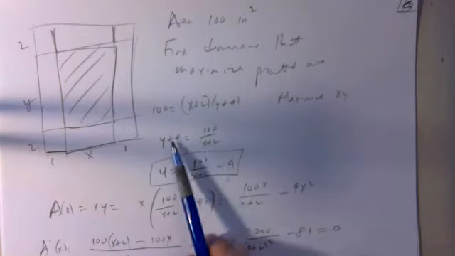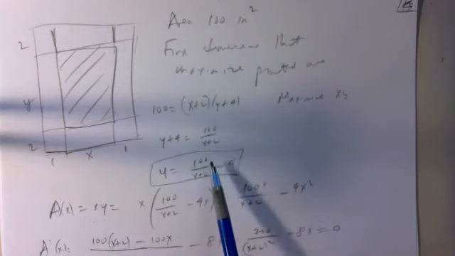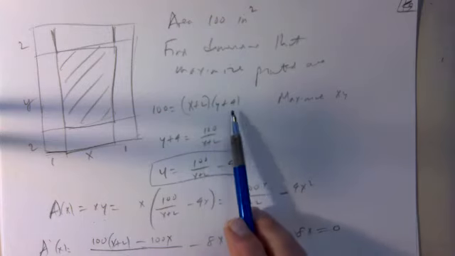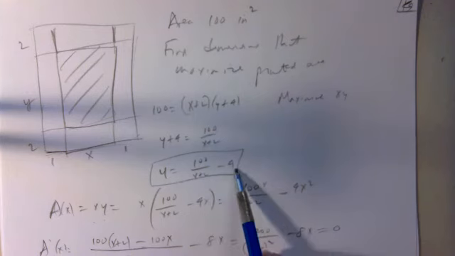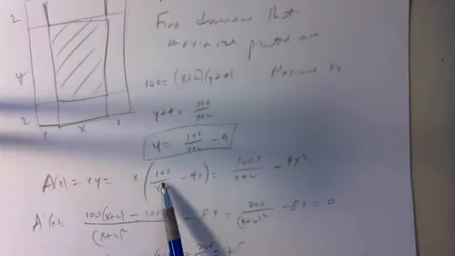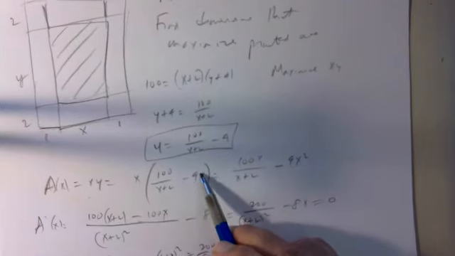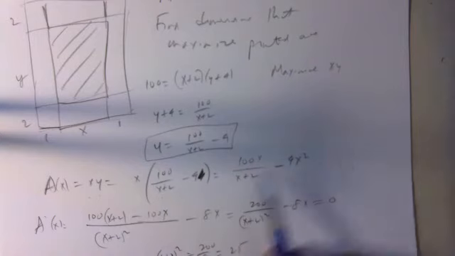If you write y in terms of x, because the total area is 100, y plus 4 is 100 over x plus 2. So y is 100 over x plus 2 minus 4. You multiply, here's my mistake, it's good. 100 over x plus 2 minus, not minus 4x, minus 4. I don't know why I wrote that.